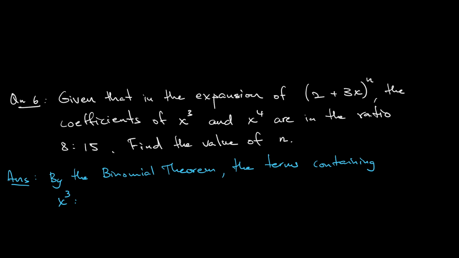So the binomial theorem would mean n choose 3 multiplied by (3x)^3 times 2^(n-3).